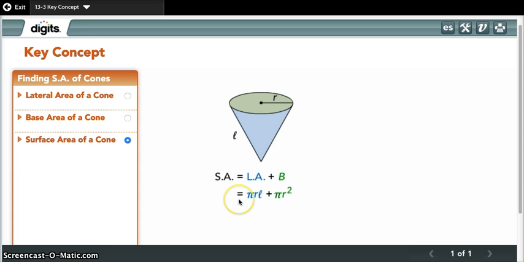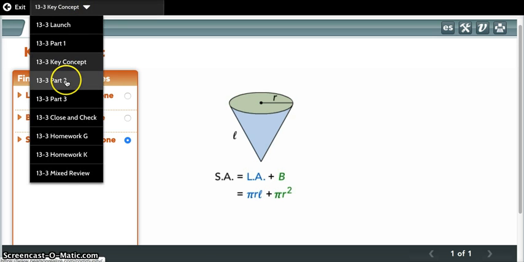If you need to, which you probably should, write this down because it's one that is a little bit confusing and it uses the L. L is the word for the slant height of the cone. So that's this slant height right here. Note that it's not the height of the cone. Okay, and that's something that's important when we get into some of these practice problems.